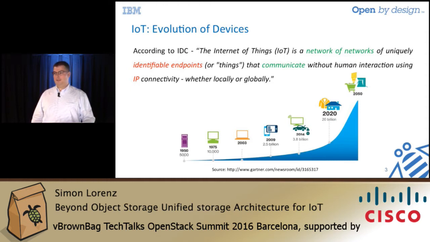Today, 2016, we have around 6.4 billion. And in the outlook, in 2020, it will be around 20 billion devices. And if you look at the checkmark of 2050, you see some icons for smaller devices, and that will show that this will even highly increase the number of devices that will connect to IoT.